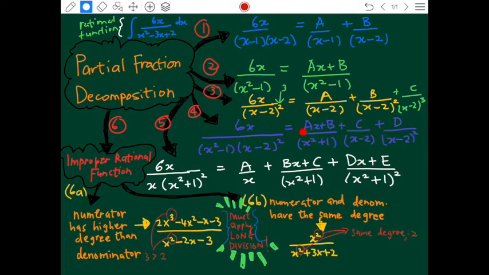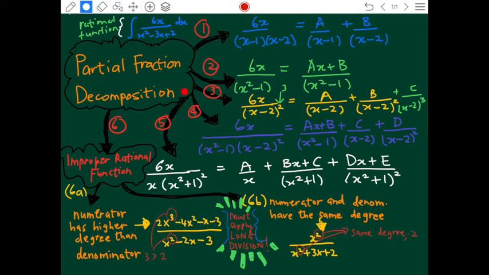The first one is ax plus b over x squared minus 1. Not x squared plus 1, let me correct that one, it should be x minus 1. And then next is c over x minus 2 plus d over x minus 2 squared. So c and d is actually representing the denominator here of x minus 2 power of 2.